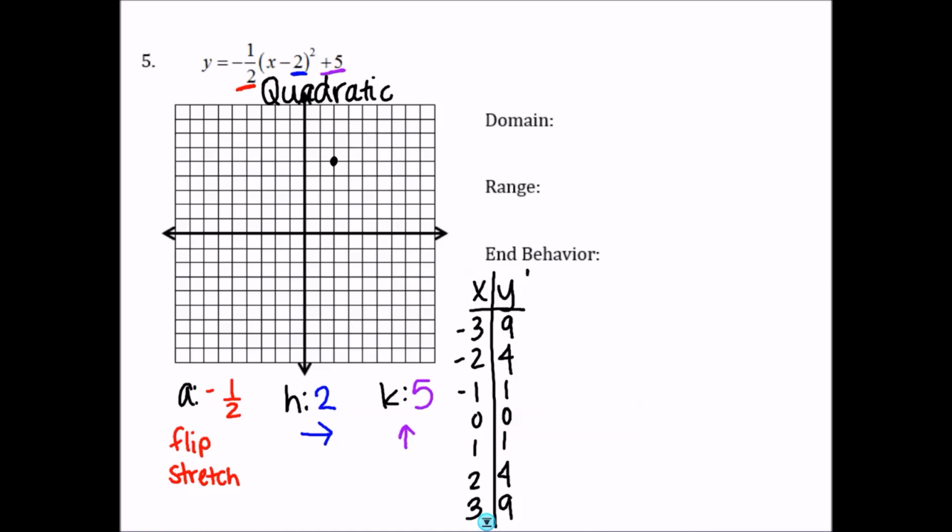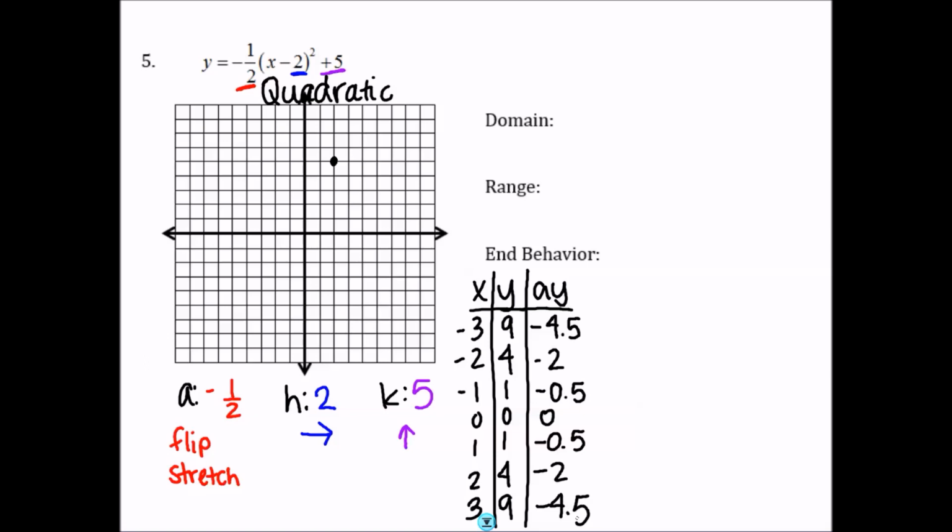Then I need to add a column to my XY chart that is a times y. So I'm going to multiply all these y values by -1/2. So 9 times negative 1/2 is negative 4.5. 4 times negative 1/2 is negative 2. 1 times negative 1/2 is negative 0.5. And then those all repeat. So then I can cross out my y column because I don't need that anymore.